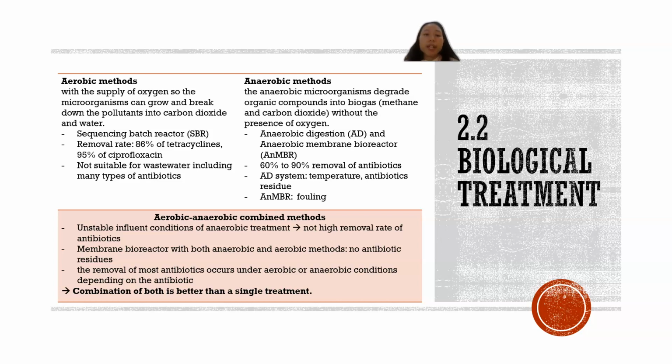Anaerobic digestion is highly affected by the temperature and antibiotic residues, while the anaerobic membrane bioreactor is prone to fouling, which significantly affects the removal rate of the systems. Due to the possibly unstable conditions of anaerobic treatment, the removal rate cannot be so high.